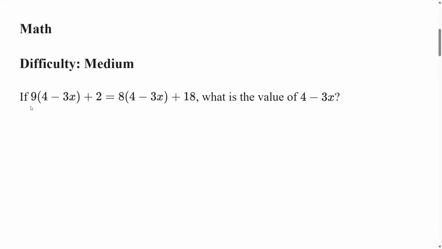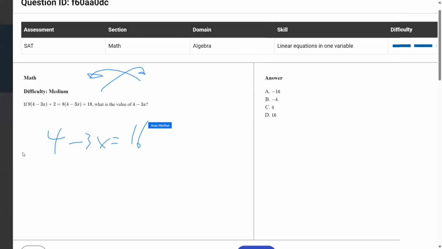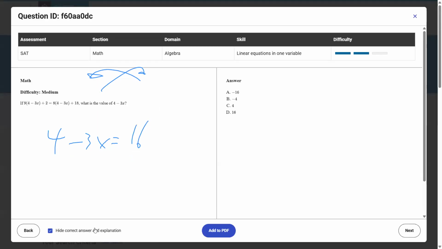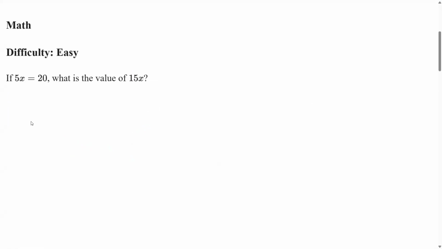Shift this to the other side. Shift this here. Which 4 minus 3x is equal to 16. Multiply both sides by 3. And x equal to 60.